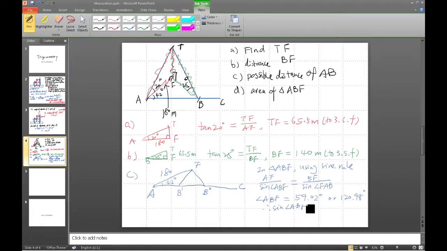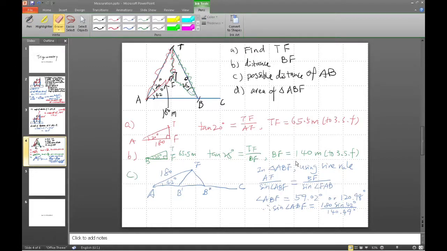The reason being, sine angle ABF is equals to 180, which is our AF, times sine 42 degrees. 42 degrees is our angle FAB, over 140.49, which is our BF.